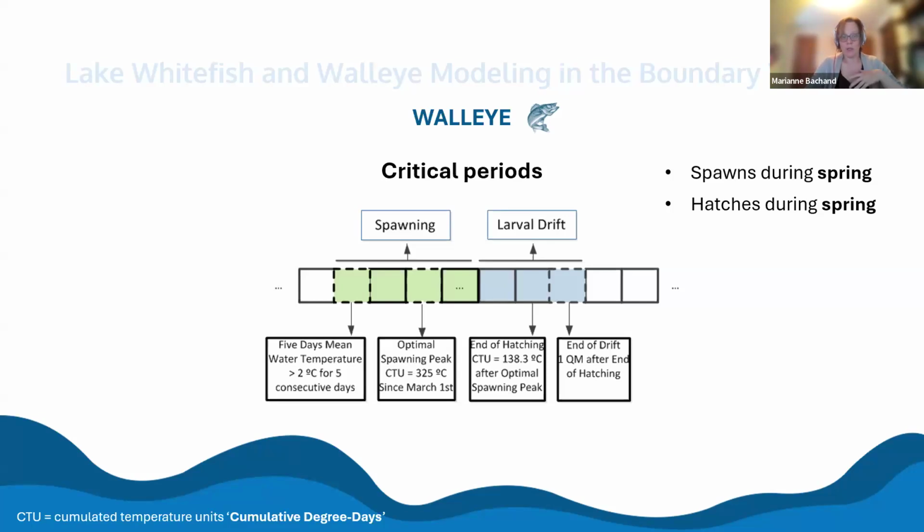So we used a water temperature time series that was linked to our air temperature. And we established that the spawning was starting 5 days after the temperature was over 2 degrees for 5 consecutive days. And every year you have a different period, which is normal.